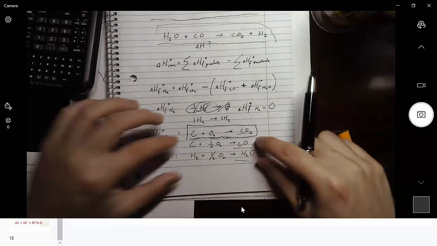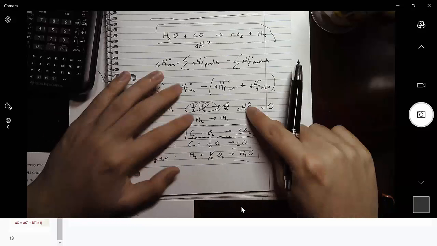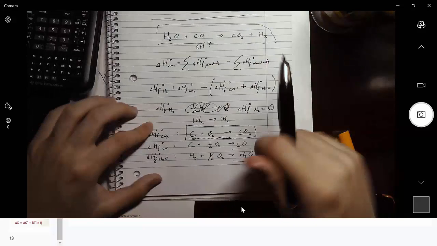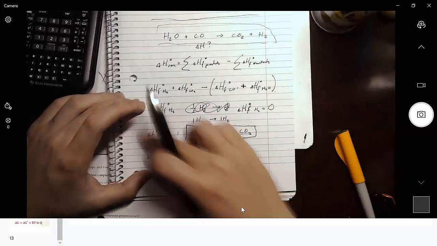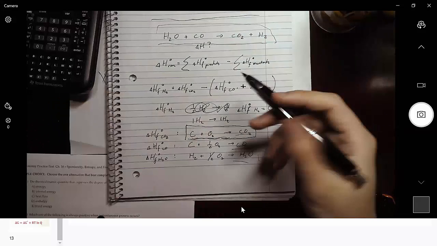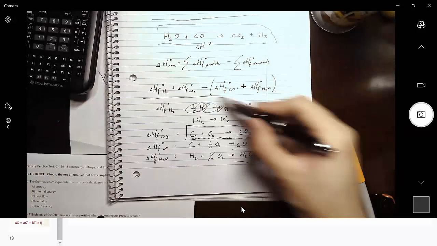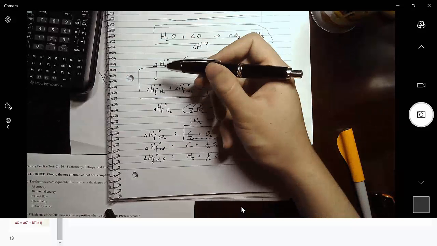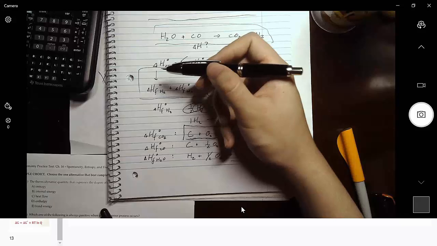So you can reverse these two reactions and then add them all together, and then we get this original reaction. And that corresponds to taking this one and subtracting these two, which is of course the expression we have here. And I'm ignoring this one because this is just 0. So it's convenient to ignore it.